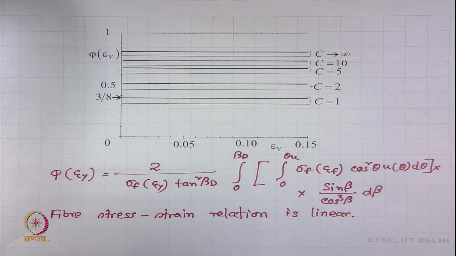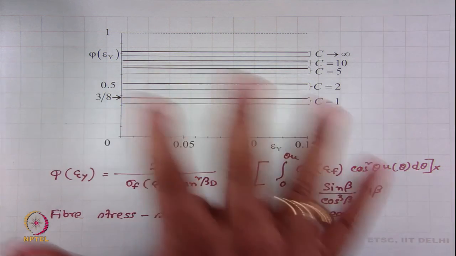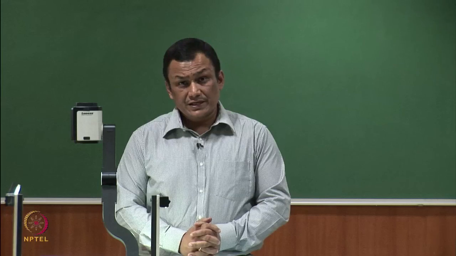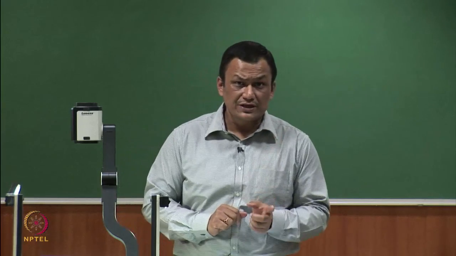Now, in this if you carefully observe, there are thick lines and thin lines. Say for a given value of C, we always observe one thin line, one thick line.